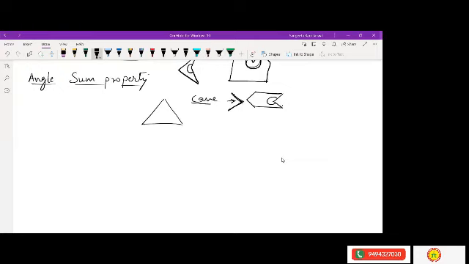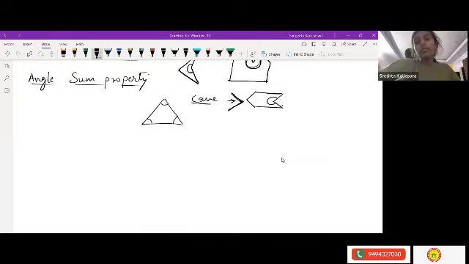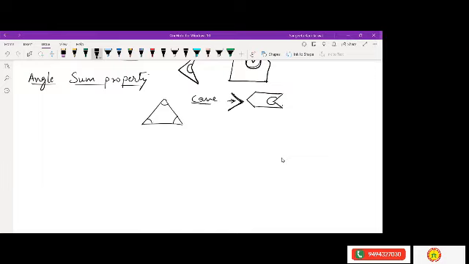Ma'am, angle 1 plus angle 2 plus angle 3 equals 180 degrees. So the sum of all the angles, suppose this is x, this is y, this is z, the sum of all the interior angles is 180 degrees. So this is the angle sum property of a triangle.